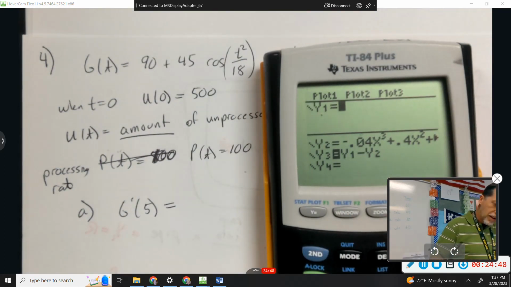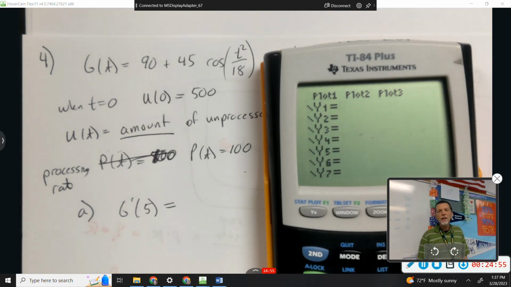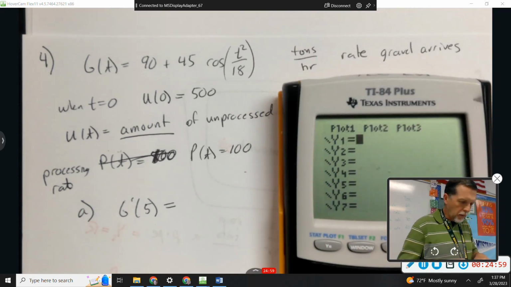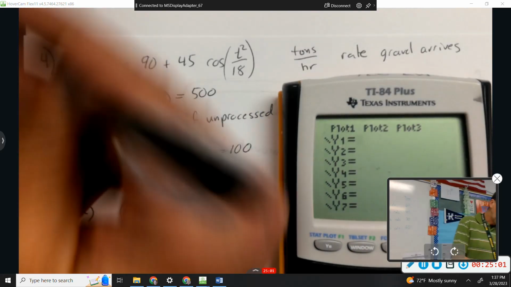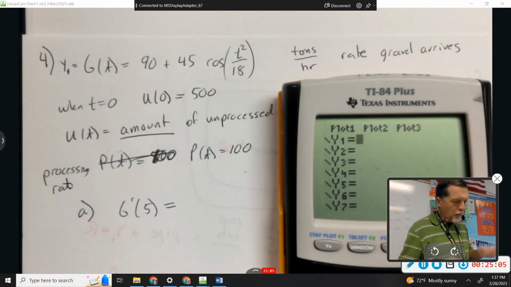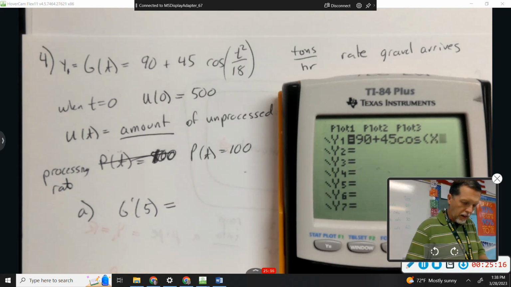I think this is a very similar problem to last time. Right? We got some coming in, we got some going out. So I'm going to call Y1 G. I don't have to say that, but I'm going to, just so I keep it straight, and in case I mess up and call it Y1 later, the grader will cut me some slack since I explained what it is.